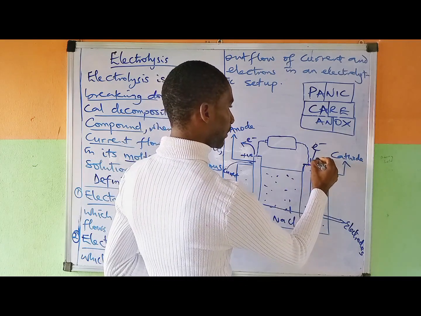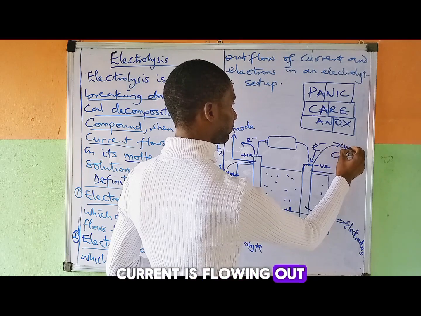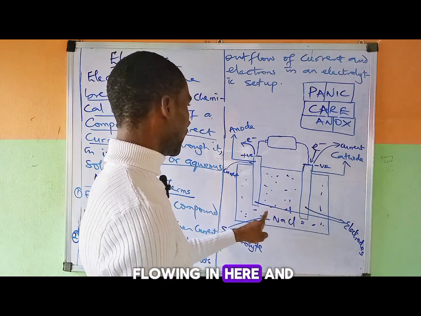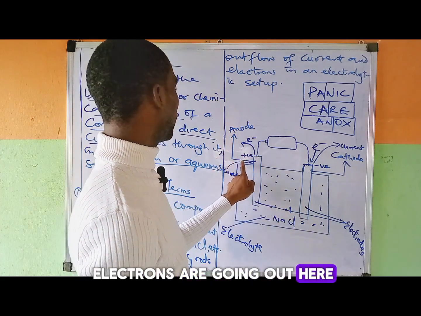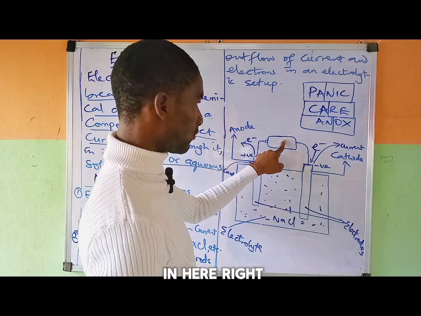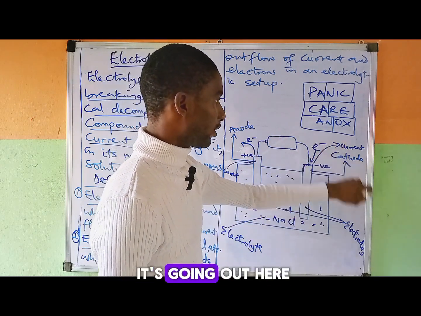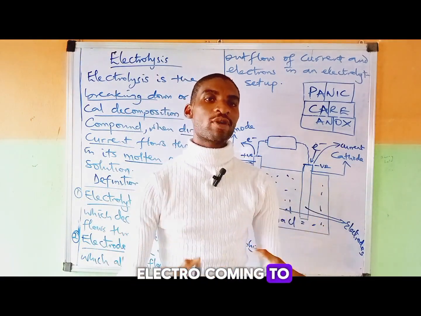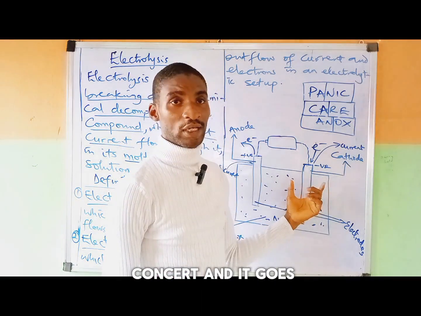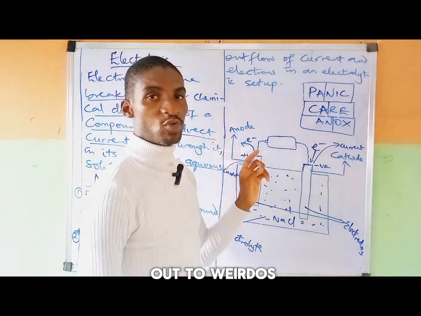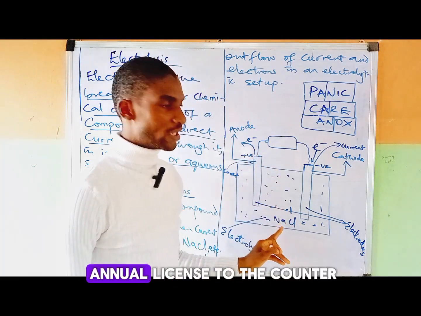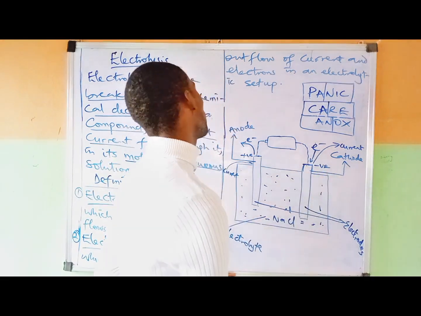So can you see, electrons flow in here and go out here, while current flows in here, right from this source, and goes out here. They can ask you where the electron comes in through: the electron comes in through the cathode and goes out through the anode. Where does current come in? Current comes in through the anode and exits through the cathode.